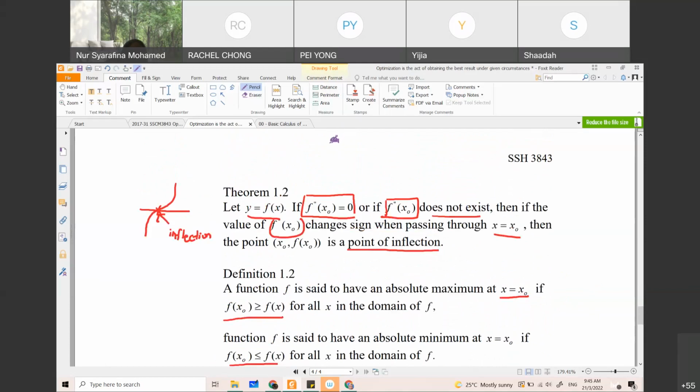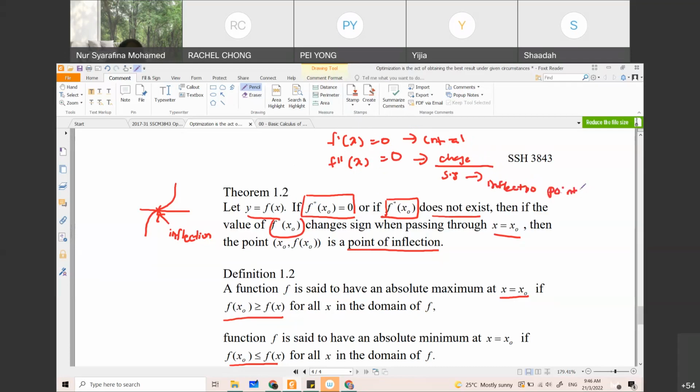We have f prime x equals 0, we obtain the critical point. Okay, and then what if your f double prime equals 0? Here, if f double prime equals 0 and there is a sign change when passing through x naught, then we have an inflection point.